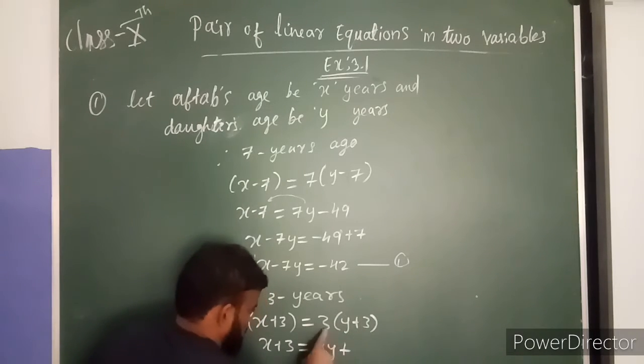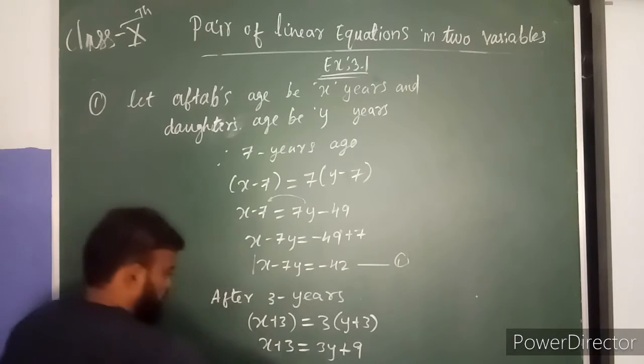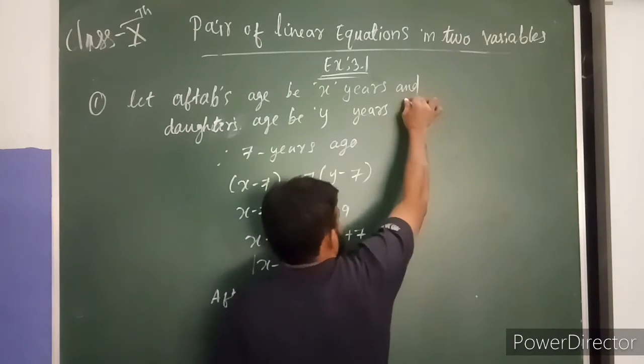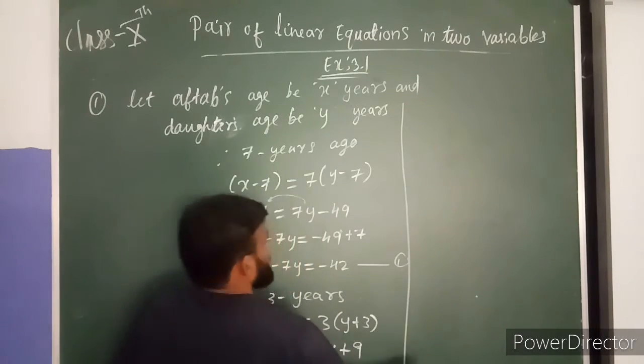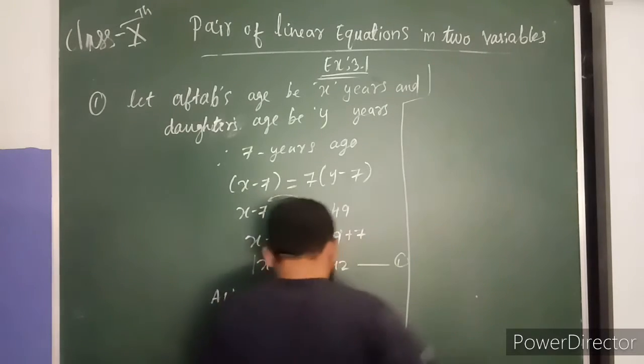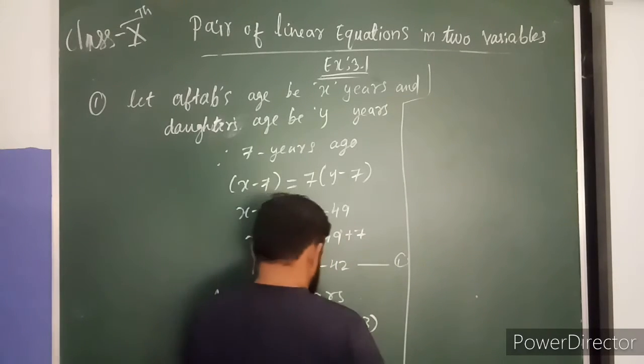Plus into plus, 3 threes are 9. Then we have to substitute the value. See here, x plus 3.